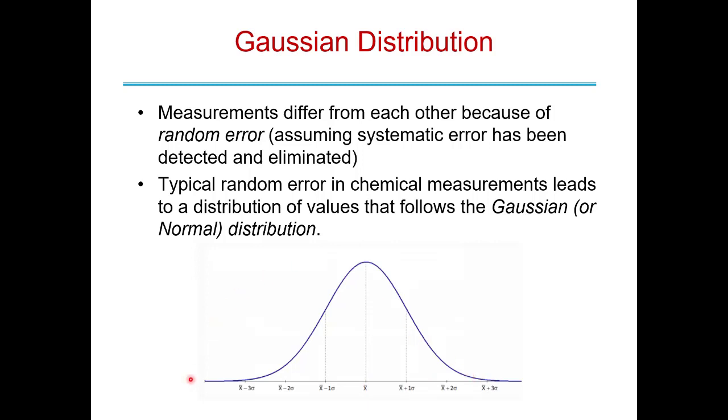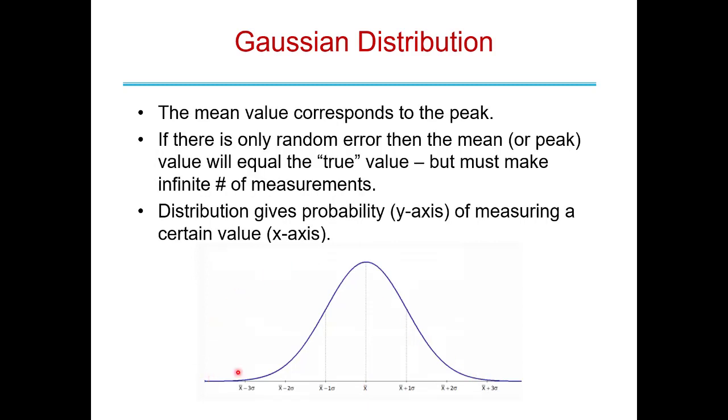So this is sort of telling us something about chance. So that's summarized here. The mean value corresponds to the peak. If there is only random error, then the mean value or peak value will equal the true value. But in order to do that, you must make an infinite number of measurements. So what I mean by that is, if we make a whole bunch of measurements and make a bar graph, then the more and more measurements we make, the more and more the bar graph is going to look like this curve.